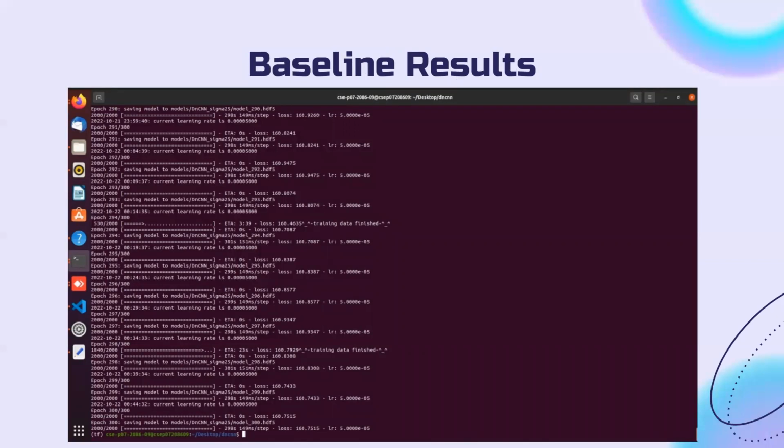Okay, so these are the baseline results. It is noticed that by the end of the results, after 300 epochs all in all, it took around 26 hours on a standard CPU, and the loss was around 160 PSNR.